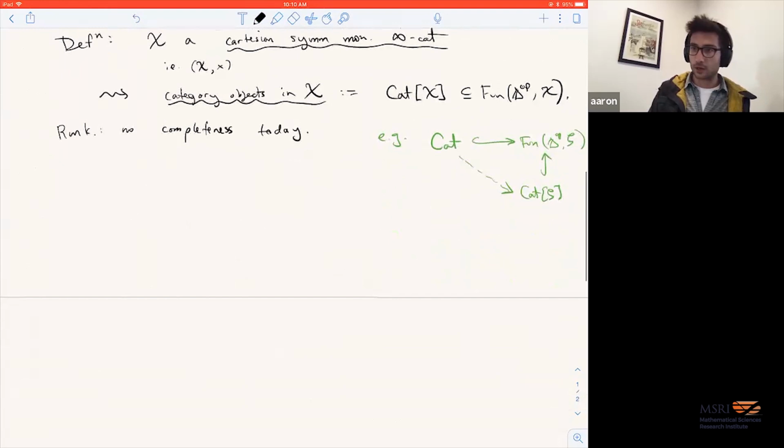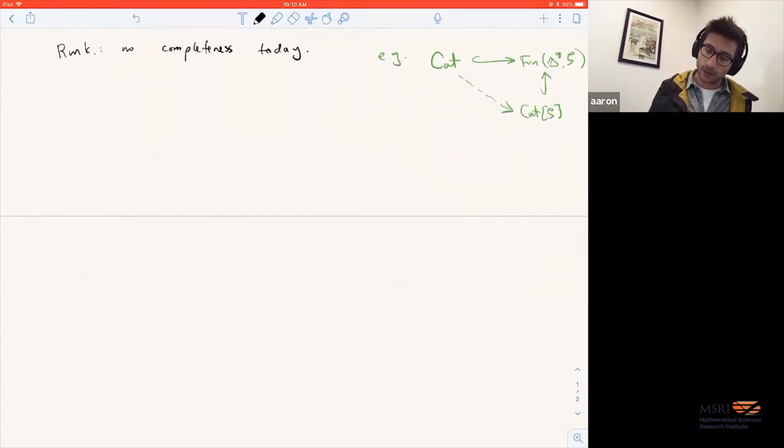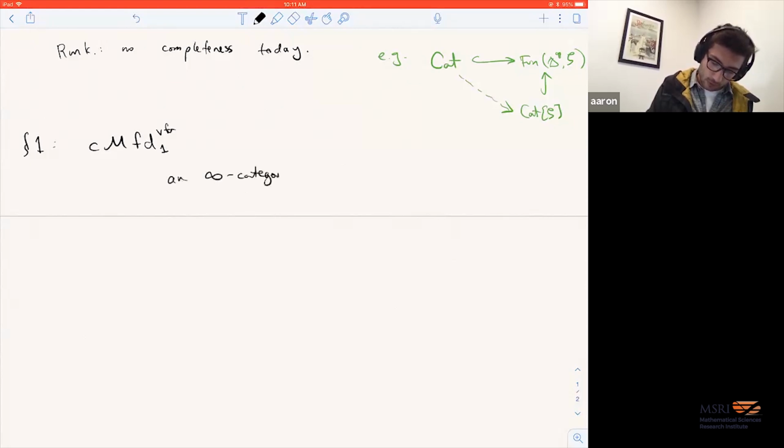Now let me talk about that first item, section 1, Cat of MFD V-Fr sub 1. So this is an infinity category of compact variframed 1 manifolds. I'm going to take a while to define this infinity category, and I'll try to explain it as I go.